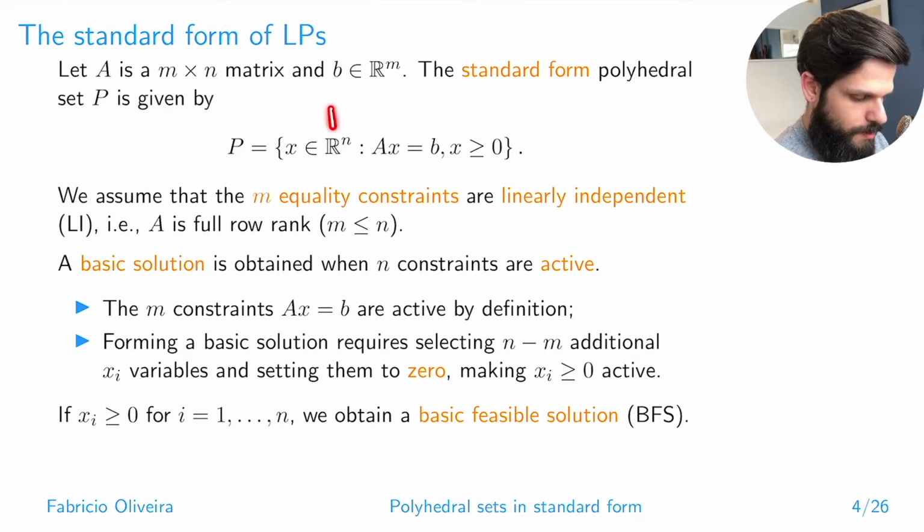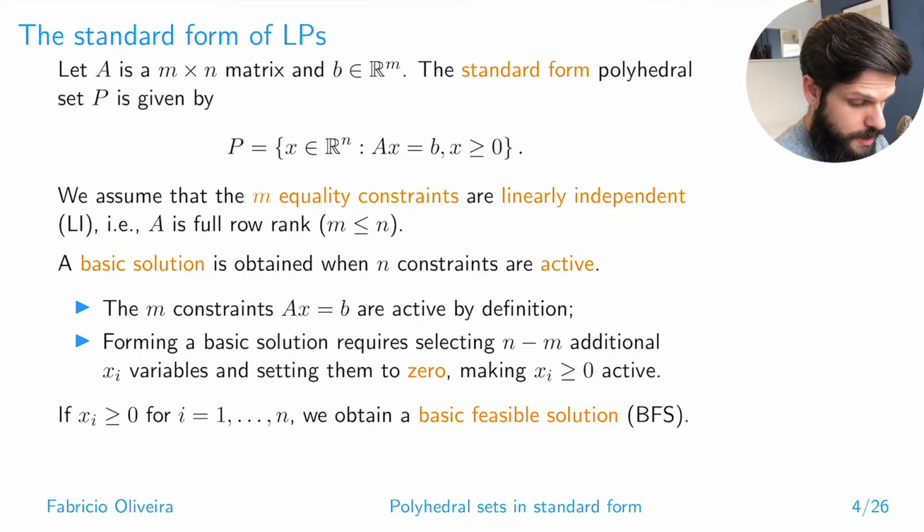If our problem is in Rn, you have n of those. From these n constraints, we'll pick n minus m and make them active. Because then we will achieve n active constraints that would then form a vertex for us.